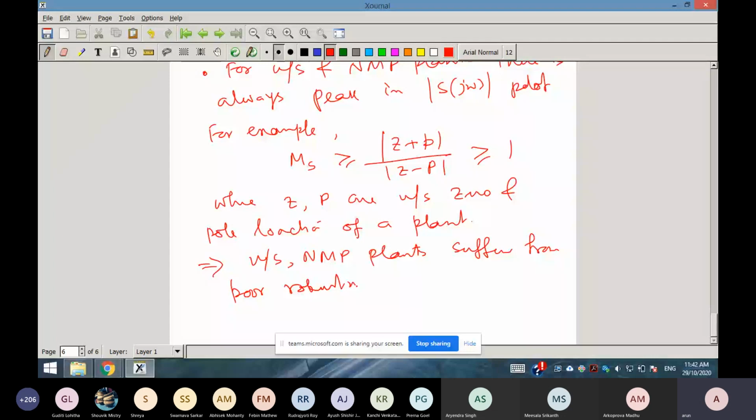This means it is difficult to control. So unstable non-minimum phase plants are difficult to control because of this reason.